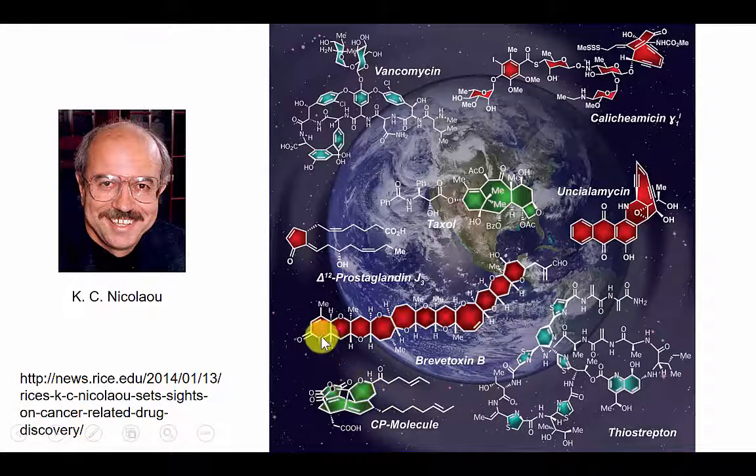His main job was making lots of these complicated molecules. Maybe this molecule, look here, brevetoxin B, maybe the biggest molecule human beings ever synthesized by total synthesis of a natural product. Anyway, making this type of molecule usually takes a lot of time and a lot of manpower.